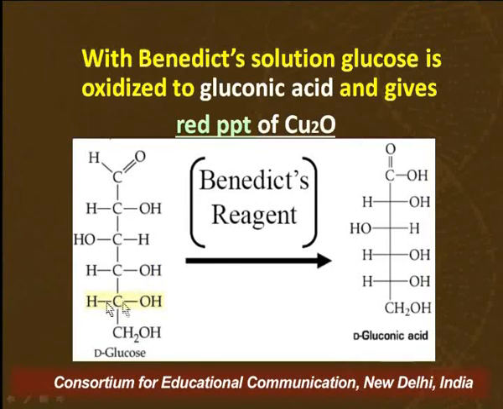And we are starting with D-glucose, it must be very clear now, that is, the OH here is on the right hand side at the highest numbered asymmetric carbon, and in D-gluconic acid also it is on the right hand side.